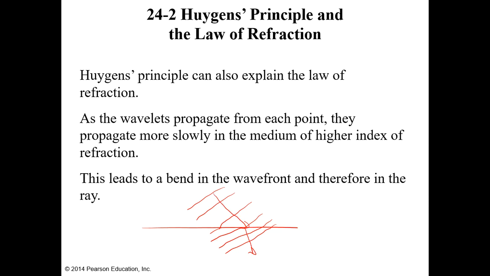So what's happening is you have all of these different wavelets as they reach a new medium, but each wavelet has to propagate more slowly in the medium that has a higher index of refraction. And because it moves more slowly, that means that it has to bend into a different direction.